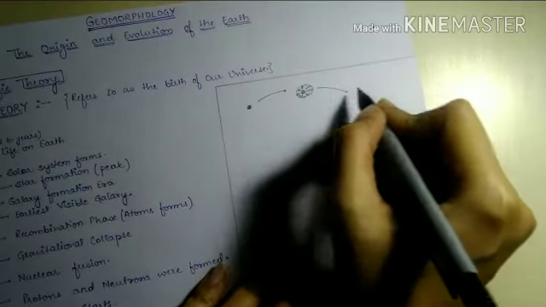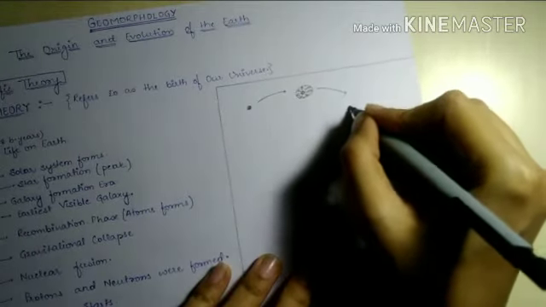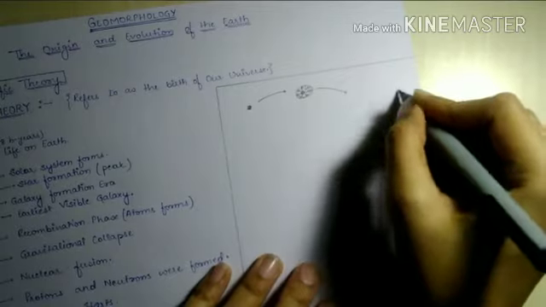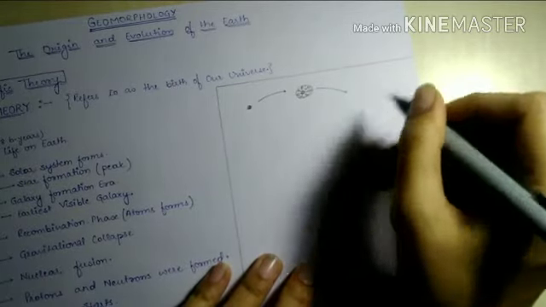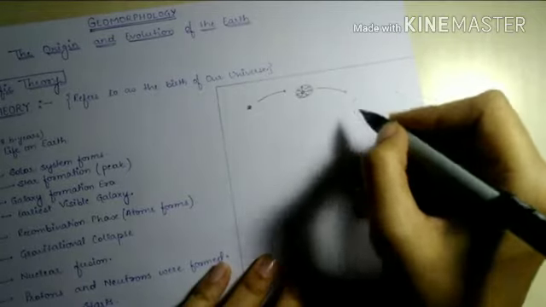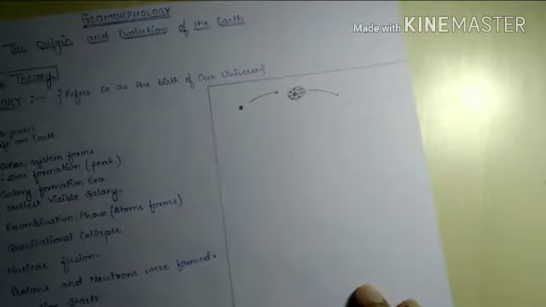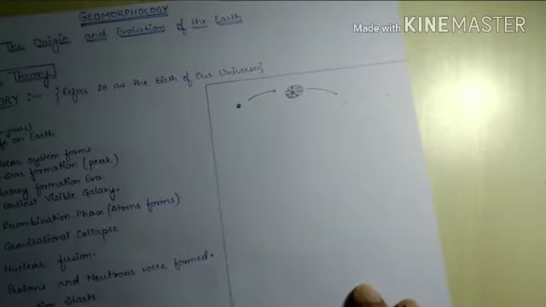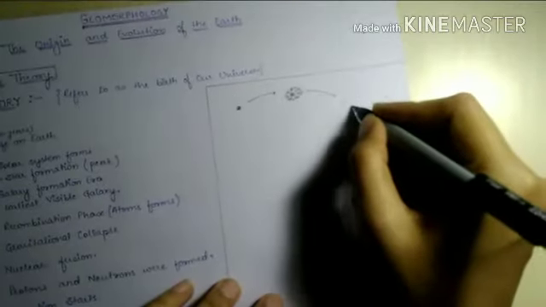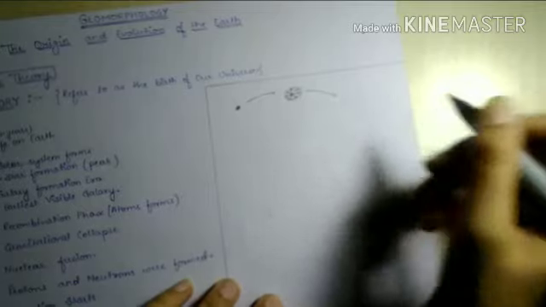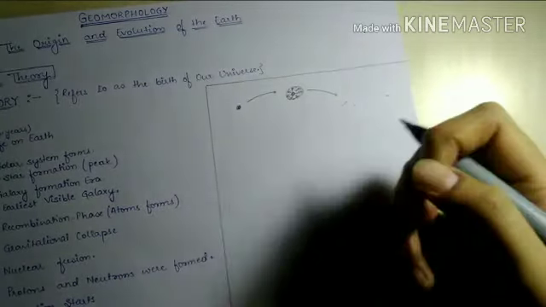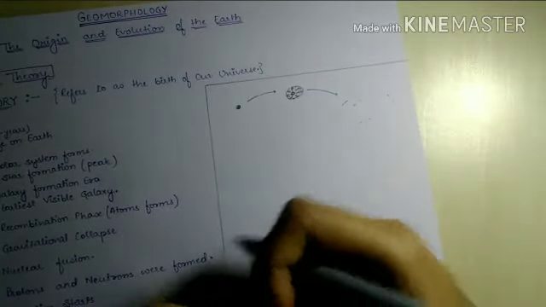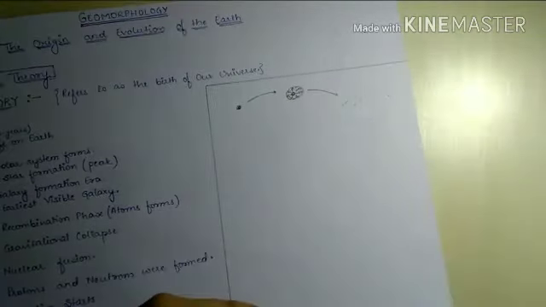And this thing is expanding as well as cooling. And the particles here, due to the very high temperature, are being created and destroyed because they are colliding with each other.